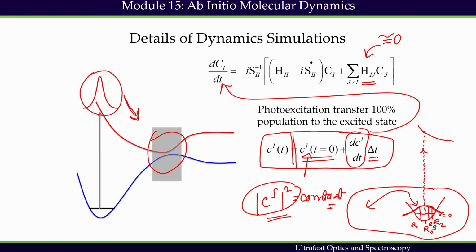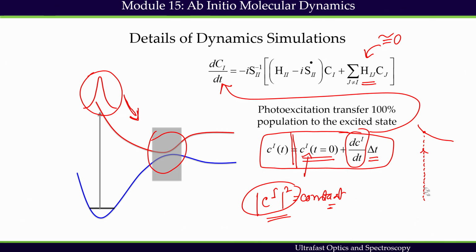However, during this propagation, at each time step we calculate the effective non-adiabatic coupling. I will show you what the effective non-adiabatic coupling is. This is represented by capital lambda ij.